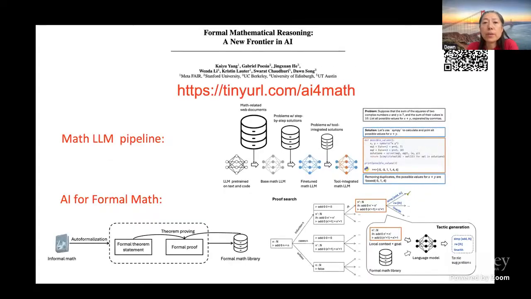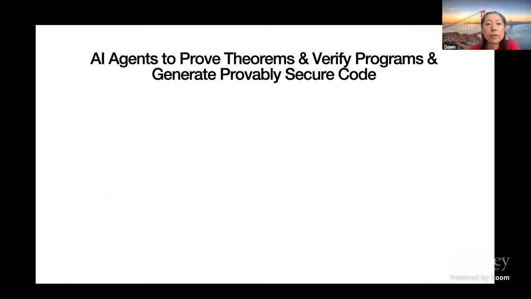And now, fast forward, given the advancement of frontier AI, I strongly believe that we are hitting an inflection point. In our recent paper, we lay out a roadmap to bring the community together to further develop frontier AI to enable formal mathematical reasoning and program verification.